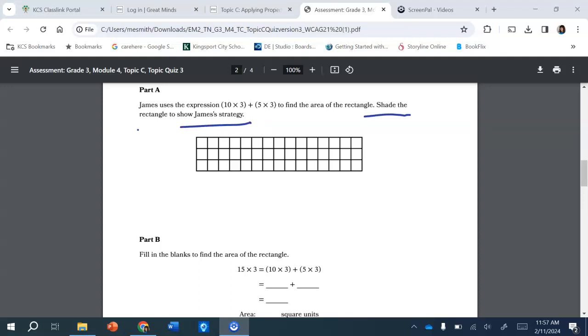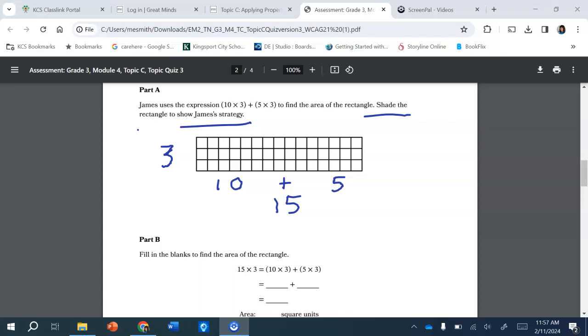His strategy was to break apart the longer side that was 15 into a part that is 10 and a part that is 5. And he has to put those together. So they want us to shade in a part that is 10 or a part that is 5.